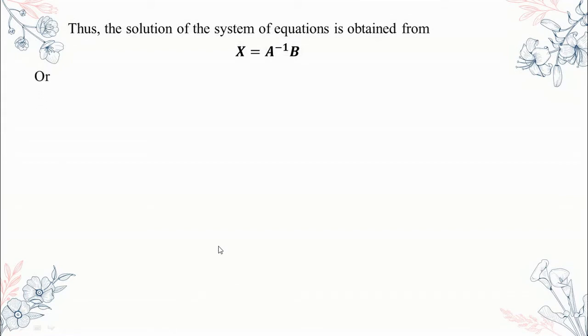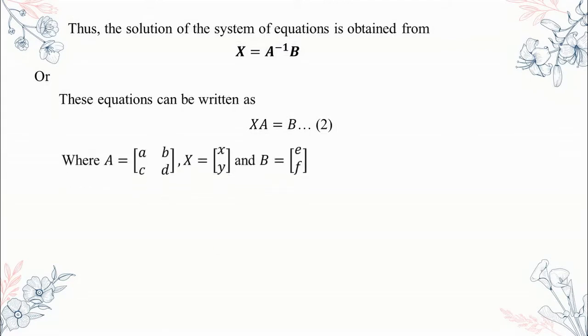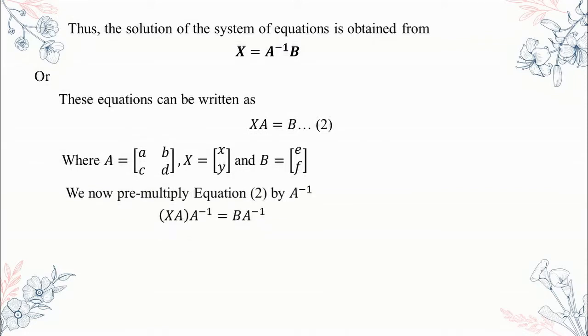How about if they are reversed? This equation can be written as XA equal B, the second equation. We know that A, X, and B are the same as the previous. Now we multiply again the second equation, which is XA. When you want to multiply the A by A inverse, you need to put the A inverse after the A. Here we have the A in the back of the X, so you need to put the A inverse in the back of the A. It's the same as the previous one, so we simplify this.